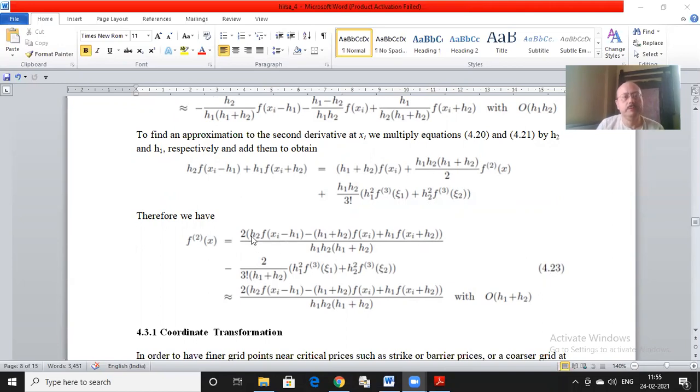So I will have h2 times f(x minus h1) function value, h1 plus h2 times f(x) function value, and h1 times f(x plus h2) function value. So again, the uniform weightage goes away. The one-to-one goes away, replaced by h2 and h1 weightage. The denominator is this. So in effect, my error term here in 423 now becomes order of h1 plus h2.